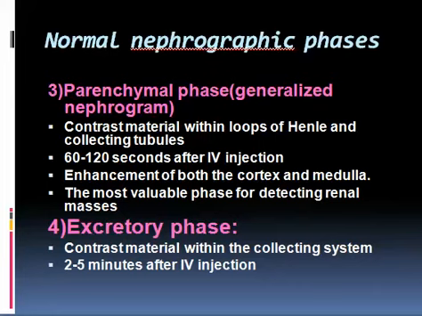Loops of Henle extend into the medulla, into the pyramids, and then back again to continue as renal tubules, which are non-functioning and are only passages. This occurs 1 to 2 minutes, 60 to 120 seconds after intravenous injection. It denotes enhancement of both cortex and medulla, the most valuable phase for detecting renal mass.